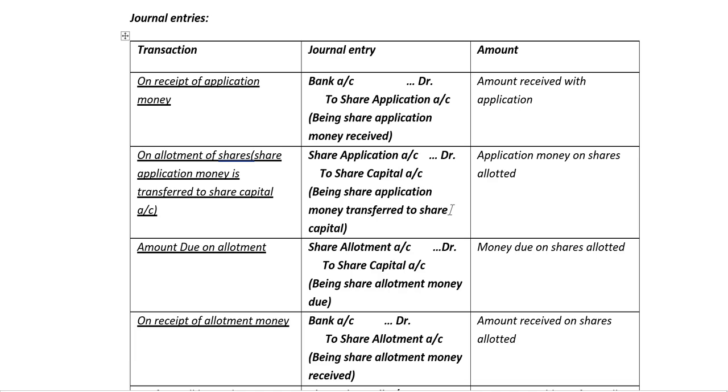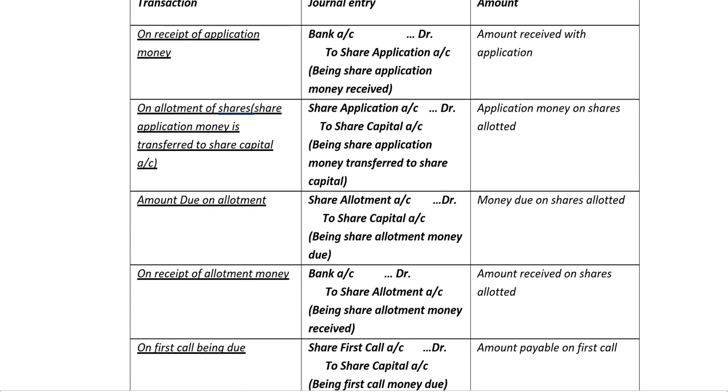A point to note, the date of the second entry, which is share application account debit to share capital and share allotment to share capital, is the same date. The application money is transferred to share capital in the second entry at the time of allotment of shares, and on that date the allotment money, the second installment, becomes due. So the date for the second and the third entry is at the time of allotment of shares, and it is the same date.